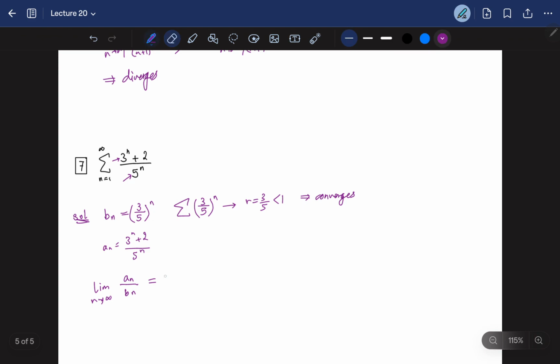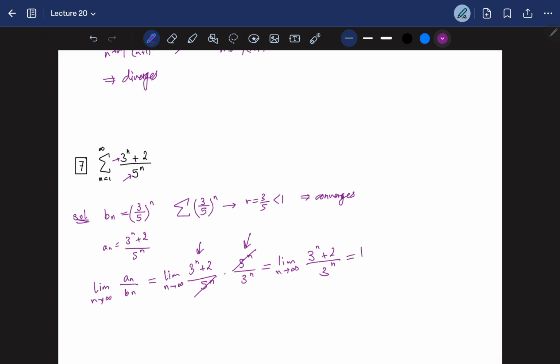So now let's plug in the values. So I'm going to do the keep change flip rule, where this is my b of n, this is my a of n, as n goes to infinity. Now if you can see, I can just cross these out. So I have this value here. If you divide by 3 to the n, you're going to get a 1.